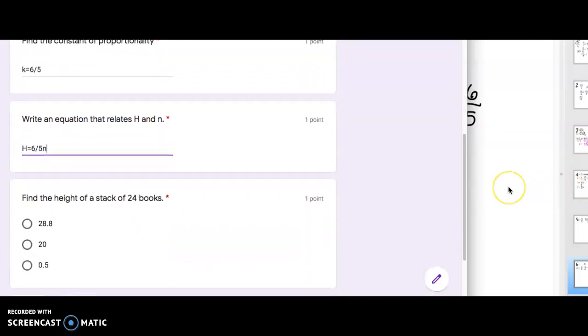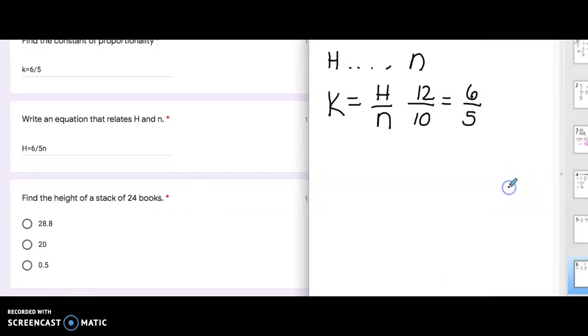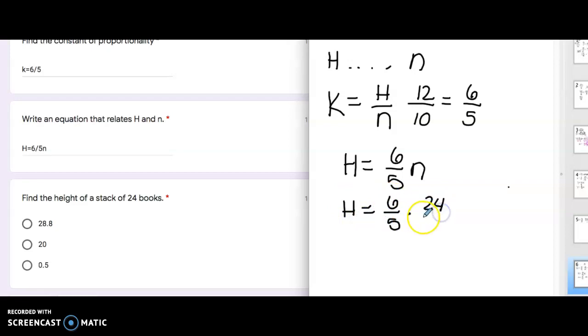Now we want to find the height of a stack of 24 books. So let's use our equation. H equals 6/5 n. Books was n, so we're going to plug in for n. So we have h equals 6/5 times 24 over 1.